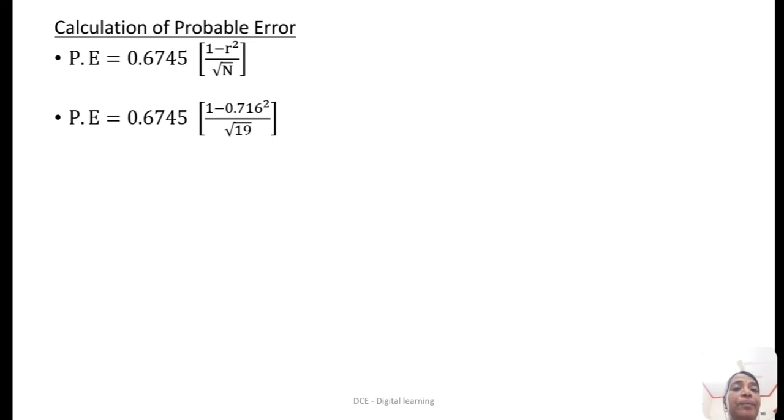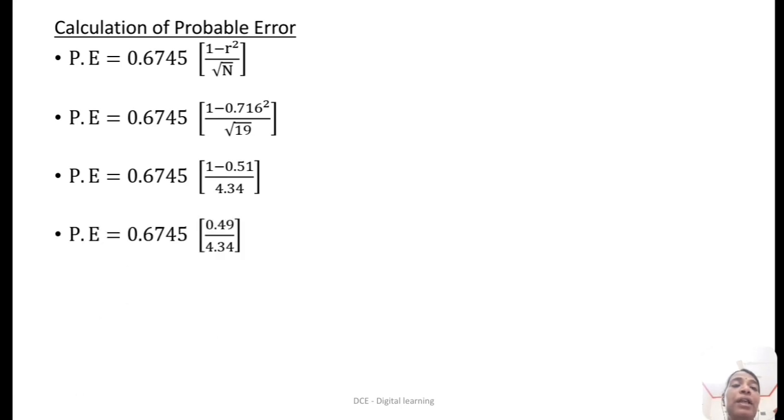So PE is equal to 1 minus 0.716 the whole square divided by root of 19. After simplifying further, you will get 0.49 divided by 4.34. After simplifying it, we will get 0.11.